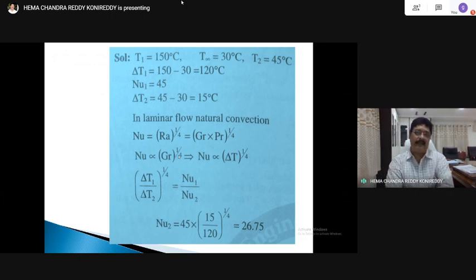That is, Nusselt number is equal to C into Rayleigh number power 1/4, C is a constant. So Nusselt number is proportional to Grashof power 1/4. What is Grashof number? Grashof number is g beta delta T L cubed divided by nu squared. Grashof number is directly proportional to temperature change.